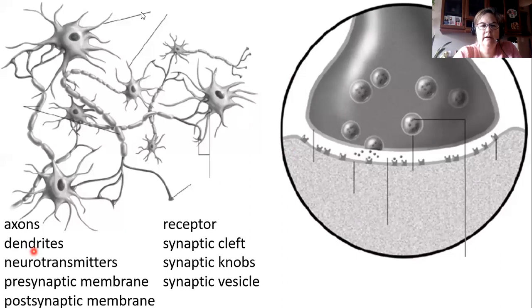And then I've got one here and one here and one here. So in the chat, I'd like you to tell me what goes where. Let's start with the very top here. Thinking of the words that I have in my word list, it's synaptic cleft, synaptic knob, and synaptic vesicle.